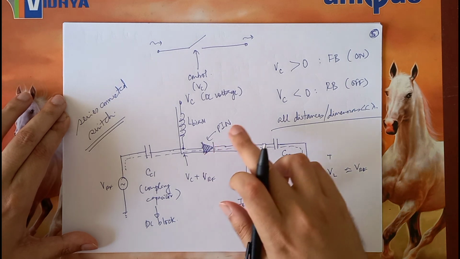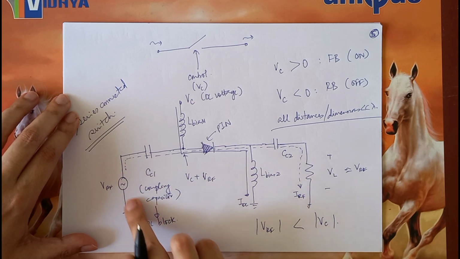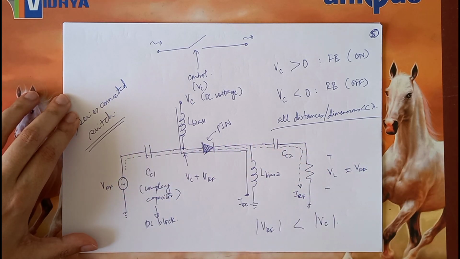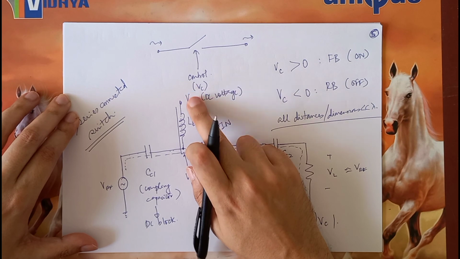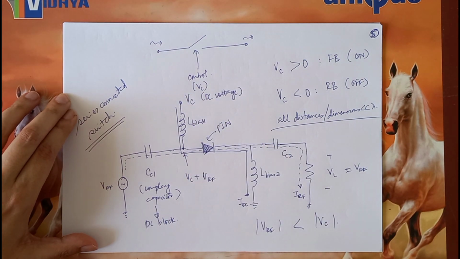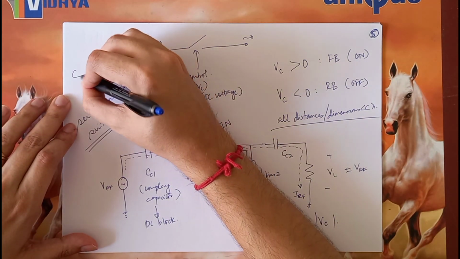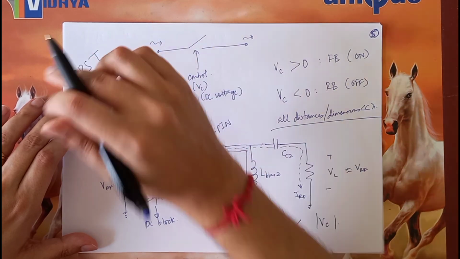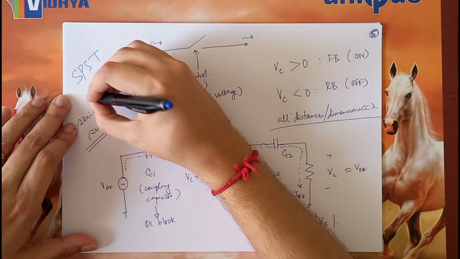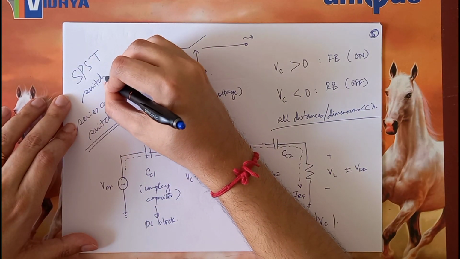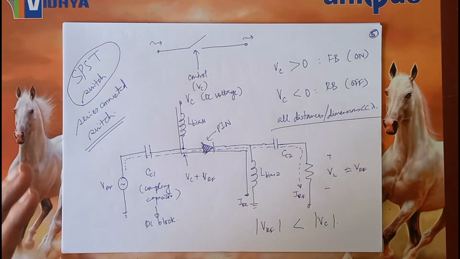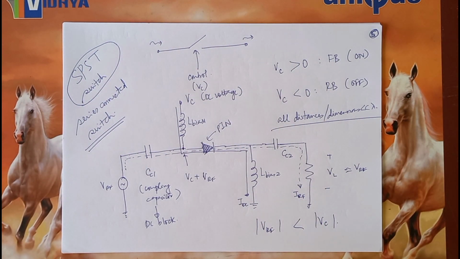The other thing is that the switch can conduct only from left to right, not right to left. And there is a single control voltage. So this kind of switch is also called an SPST switch, single pole, single throw switch. This is the way you can use a PIN diode to make an RF switch.